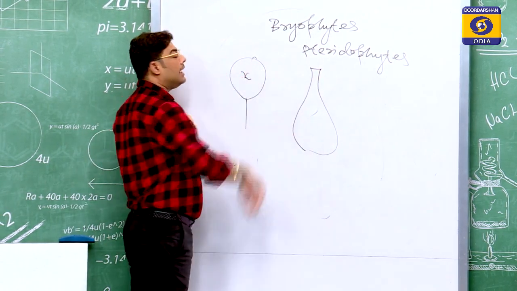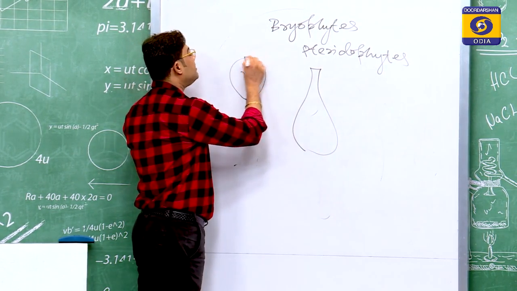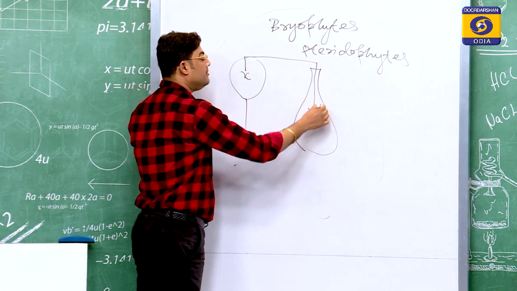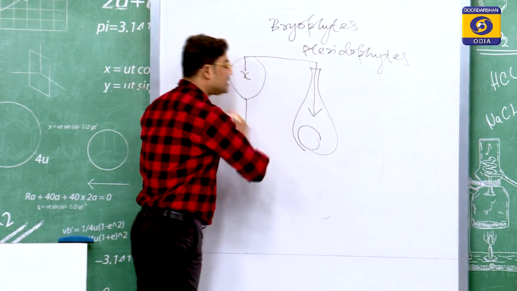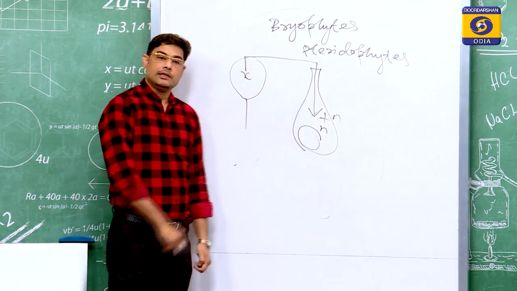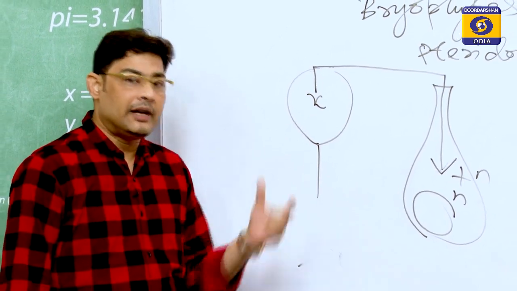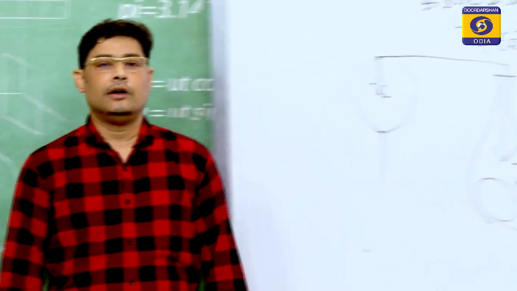Inside this antheridium, the male gametes are produced. Those male gametes swim, enter into the female sex organ, and fuse with the female gamete, so that fertilization can take place.